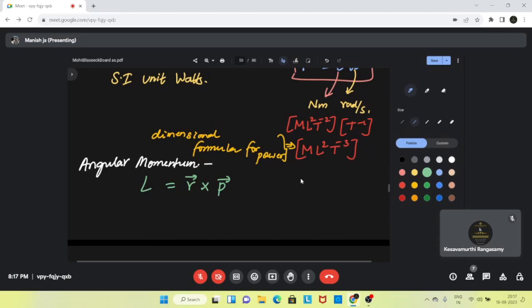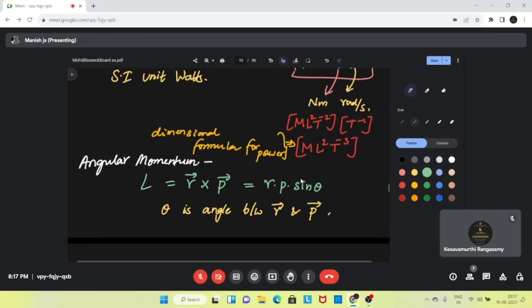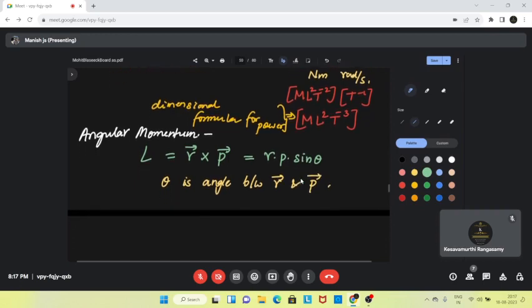When I resolve the cross product, you can write this as R into P into sine theta, where theta is the angle between your displacement vector and the momentum vector. So theta is the angle between R bar and P bar. Therefore you can write it as R P sine theta.